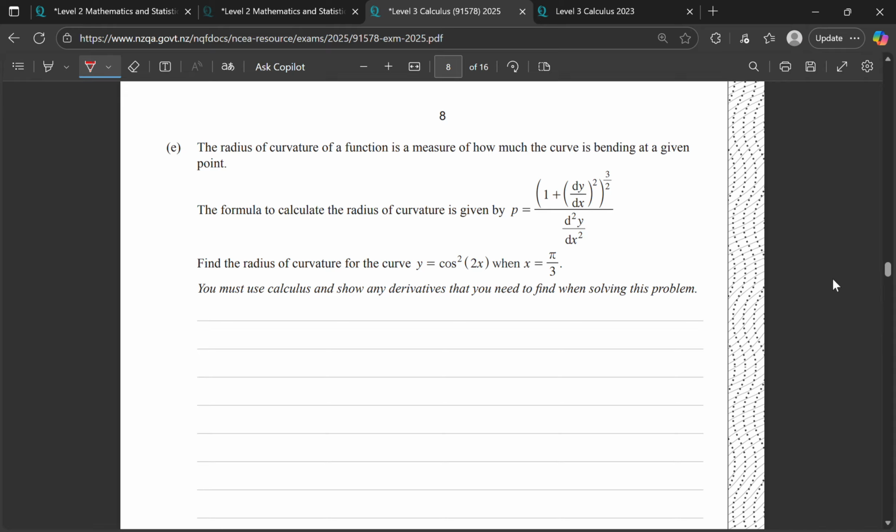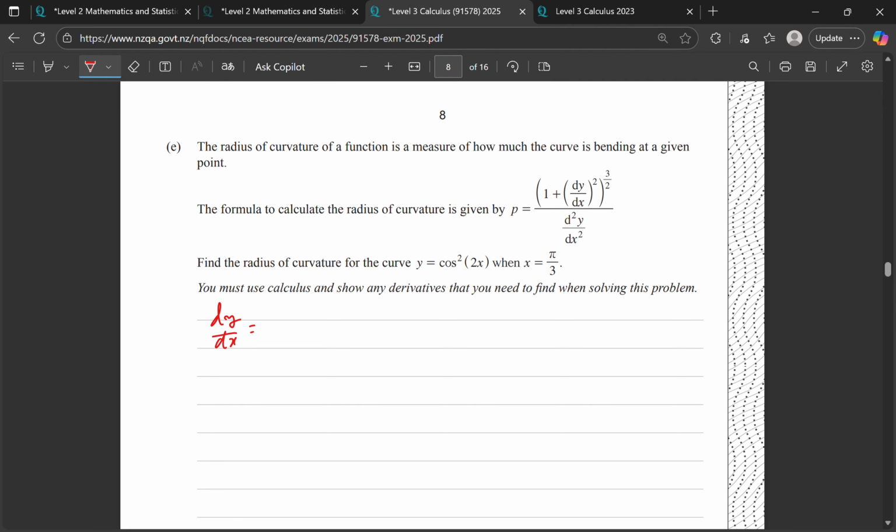Obviously, we have to find dy/dx and d squared y/dx squared, right? So starting with dy/dx, because y is cosine squared 2x, dy/dx is what? We differentiate the outer, so that means 2 cosine 2x, and differentiate the inner, so that becomes minus 2.